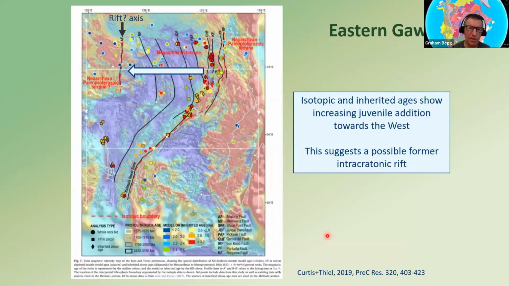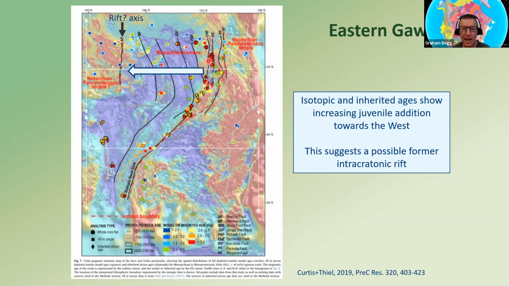If we look at that map and look at the isotopic data, the colours are the model ages of the isotopes of those intrusive rocks, and anything that's green or yellow or orange or red is increasingly, basically Archean, older Archean. Anything that's blue has a model age that's younger than Archean.